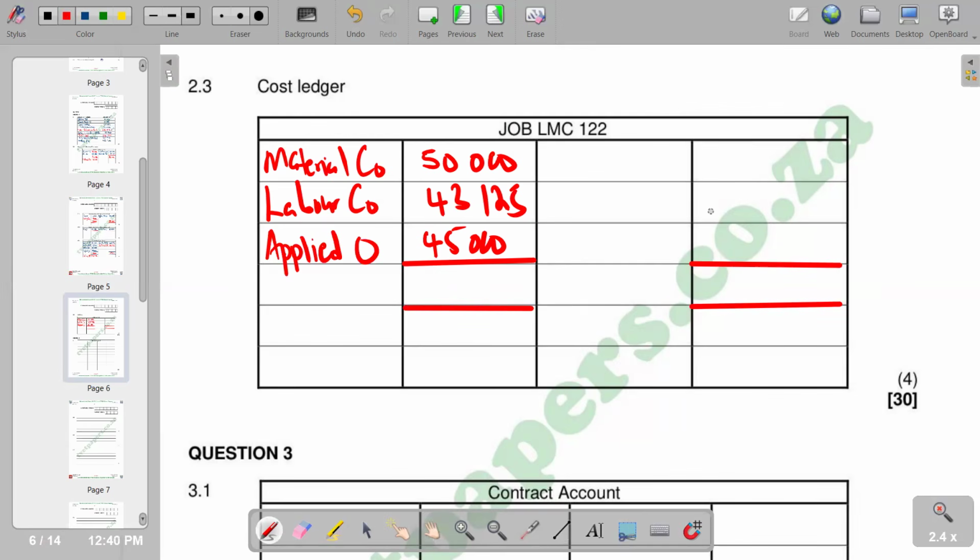With that, we are supposed now to add to get the total, and then we get our balance as CD. So if you add 50,000 plus 43,125 plus 45,000, you get your total of 138,125.